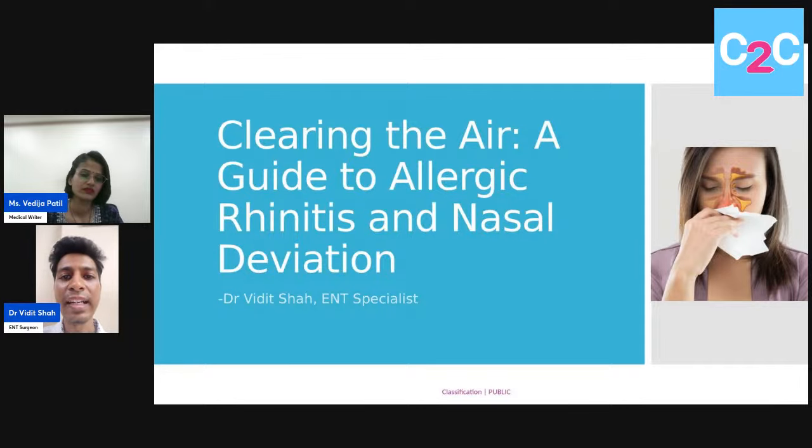Air quality index is a major topic of discussion among ENTs and chest physicians, and both are interlinked because the nasal cavity, which is the upper respiratory tract, and the lungs, the lower respiratory tract, have a common connection, and that's where we need to focus.